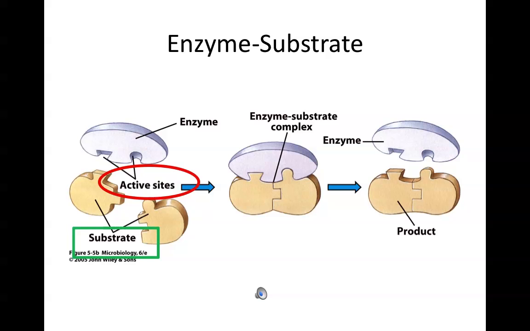Notice that the enzyme participates in the chemical reaction but is not changed itself. The only entity in the chemical reaction that changes here is the substrate. The enzyme participates but is not changed and is able to start again with some new pieces of substrate if needed and if possible.